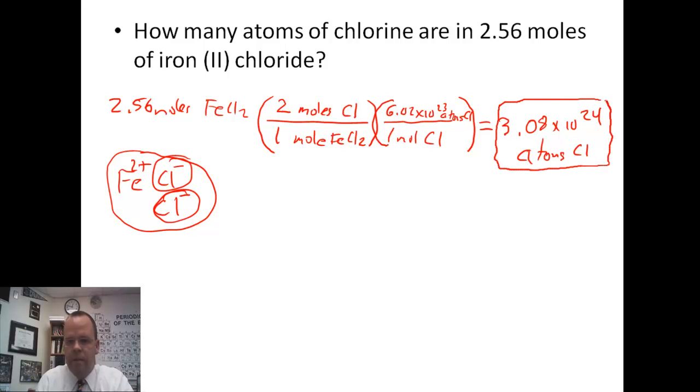If we had done atoms of iron, it would have been a 1-to-1 ratio in this middle step, and we would have gotten half the answer that we got, about 1.54 times 10 to the 24th atoms of iron.